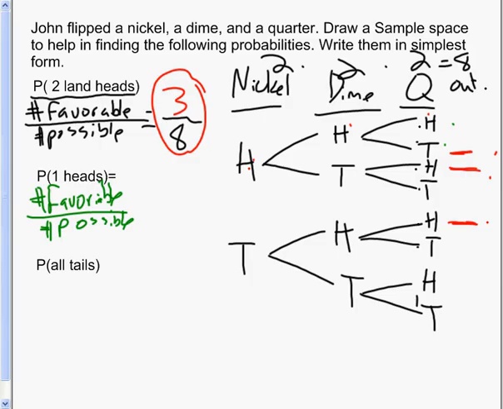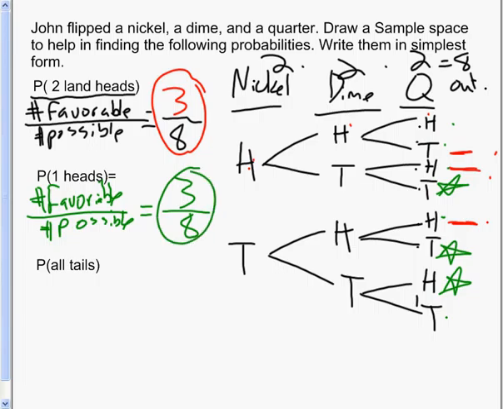Heads, tails, heads, not going to work. Heads, tails, tails, 1 head, so I'll put a star by that one. That'll work. Tails, heads, heads, not going to work. Tails, heads, tails, that will work. Tails, tails, heads, that will work as well. Tails, tails, tails, not going to work. So I have 3 stars out of 8 total. My number possible didn't change, so my answer is 3 out of 8.